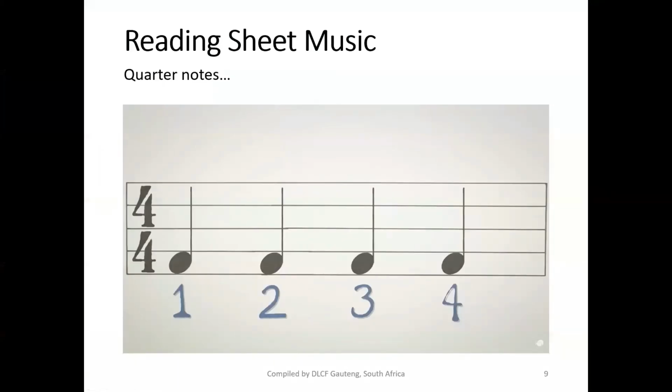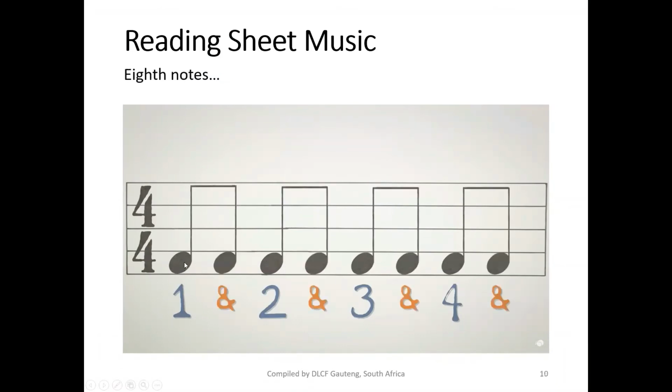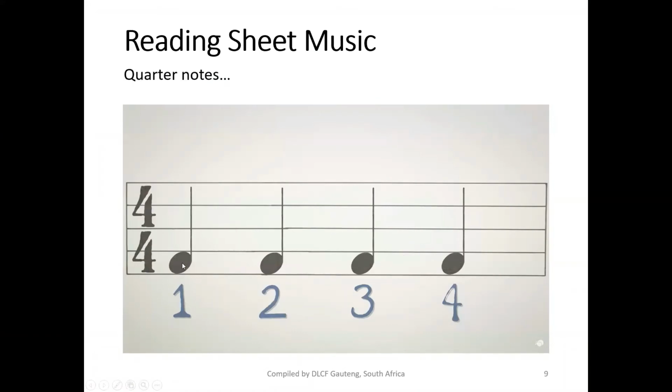So remember it is a 4/4 time signature, and we have 1, 2, 3, 4. That's 4/4, meaning this is a crotchet, and we have four crotchet beats in the bar.